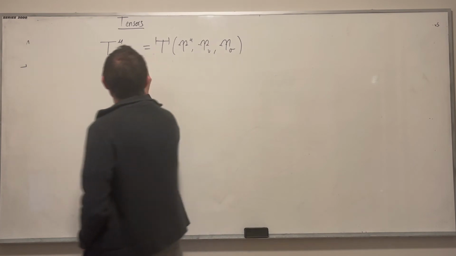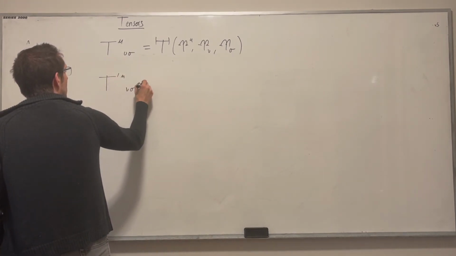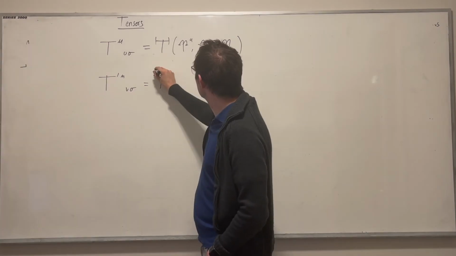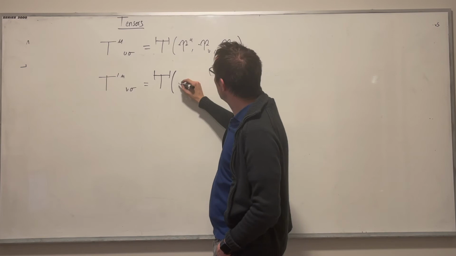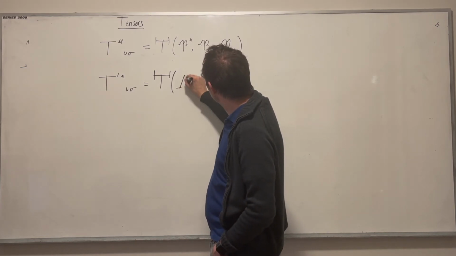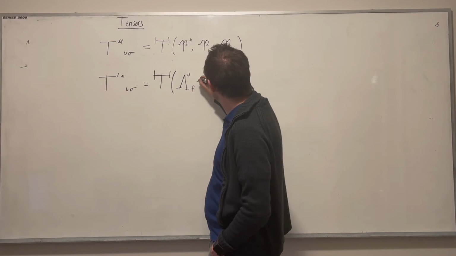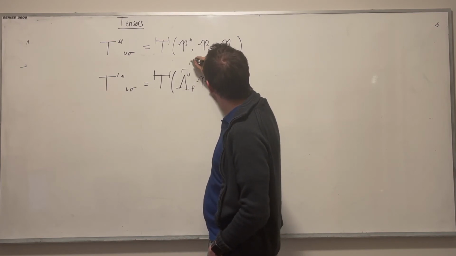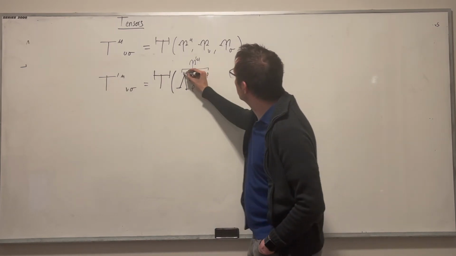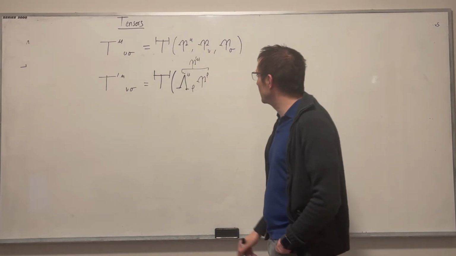Well, that's easy. So I know that T prime mu nu sigma is going to be equal to the tensor acting on the epsilon prime with an index upstairs. So let's call it lambda tilde mu rho epsilon rho. So this thing is epsilon prime mu, and tilde, of course, because it's an element of the dual basis, so it transforms with lambda tilde.